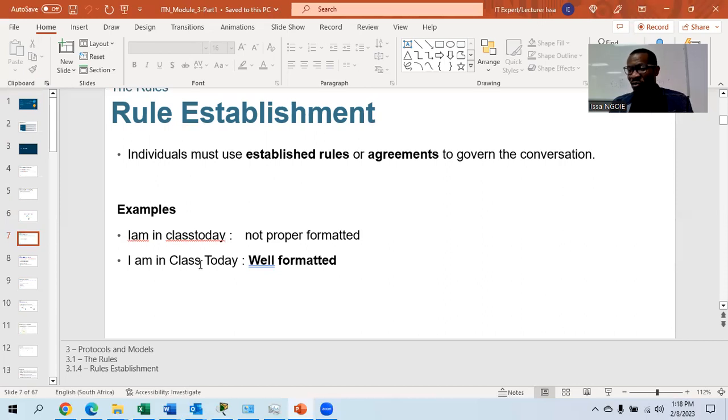But if I'm sending you the second one, I am in class today, you can see it's well formatted. The same as computers. When you format it wrongly, your message will never reach the destination. Or maybe your message can go, but the receiver won't understand the message. So all this means computers need to have common agreements, or devices in your network use common agreements in order for them to be connected, right?